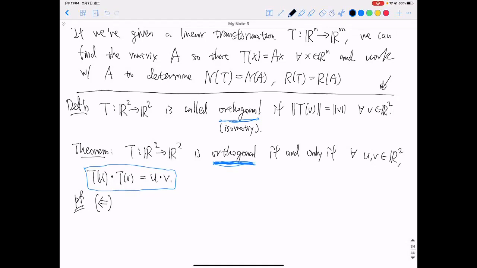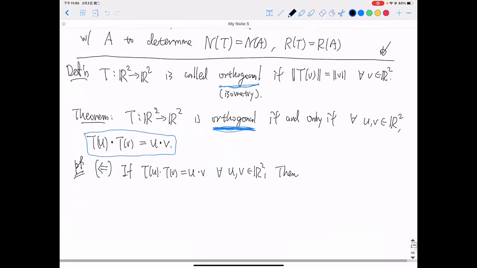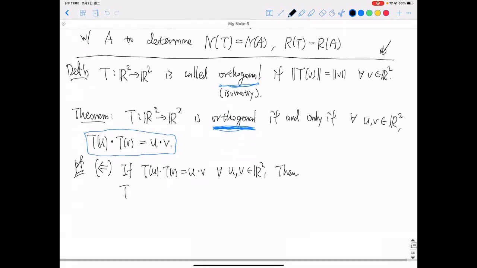So there are two implications. The forward implication assumes that TU dot TV is equal to U dot V for every U and V in R2. Let's do the case where U and V are equal. TV dot TV is equal to V dot V, right?